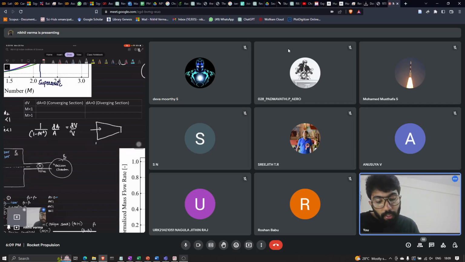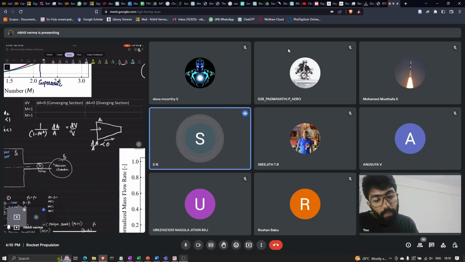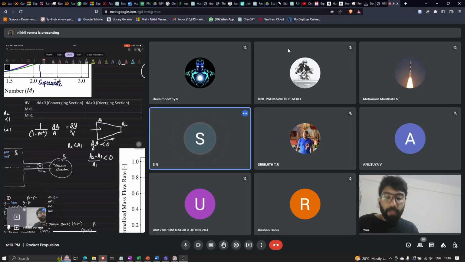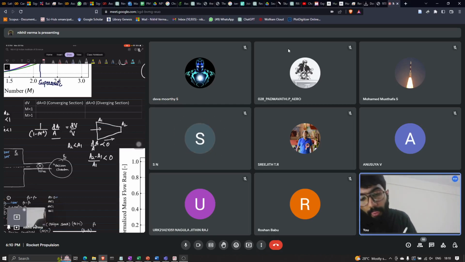So dA by A for this type of geometry is less than 0, because this is A1, this is A2, and (A2 minus A1) by A1 is negative, less than 0, because A2 is less than A1. So this part is negative.